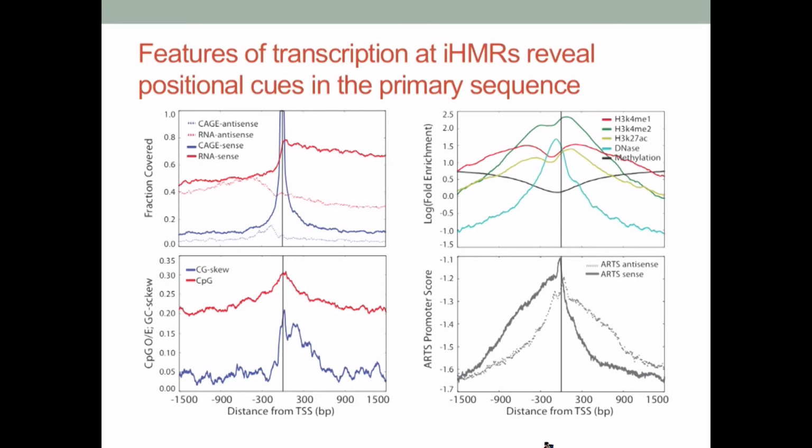And the ART score is a tool for predicting promoter-specific elements in sequences. It's trained mostly on real promoters and not necessarily these types of regions, but you do see a slight peak, even though the score isn't very high.